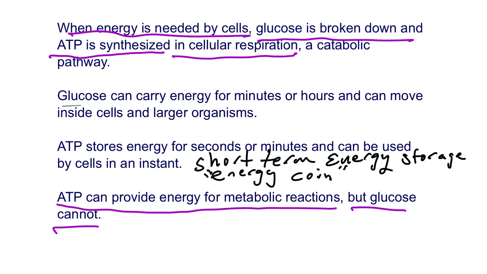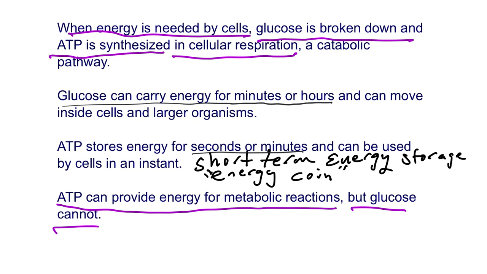So this says glucose can carry energy for a couple minutes to 2 hours. But ATP, which is formed by breaking down glucose, only lasts for seconds or minutes. And so ATP is a very short-term energy storage. This really doesn't even store it.